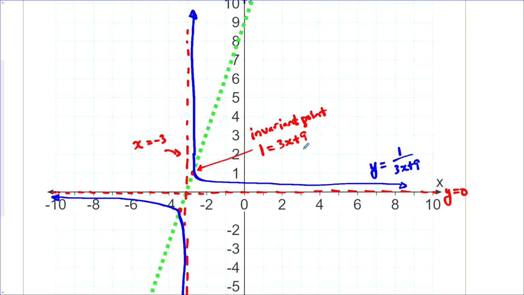So subtract 8 on both sides, and then divide by 3 on both sides, we get x equals -8 over 3. So this invariant point right here is at -8 over 3 and 1. Using the same process except changing this to -1, we could find the coordinates of this other invariant point here.